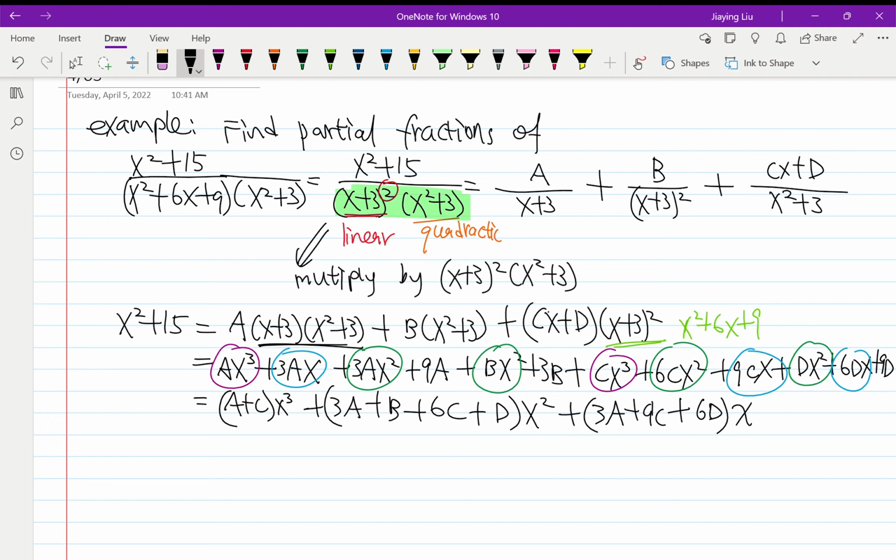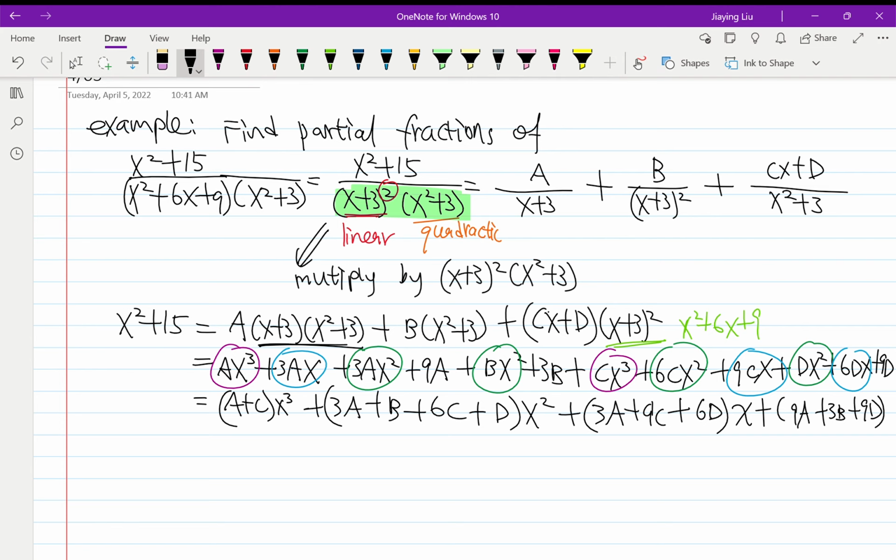And then we're going to move all the constants. Doesn't have any x, so 9a, 3b, 9d altogether. Just use the addition. So 9a plus 3b plus 9d. All right, once we have all the like terms combined, grouped together, we can look at both sides of the equation.